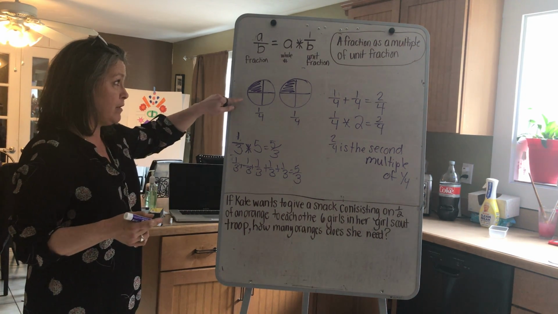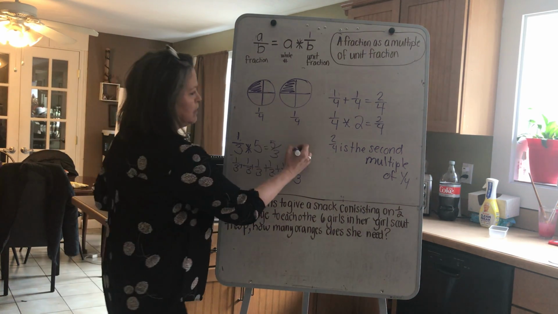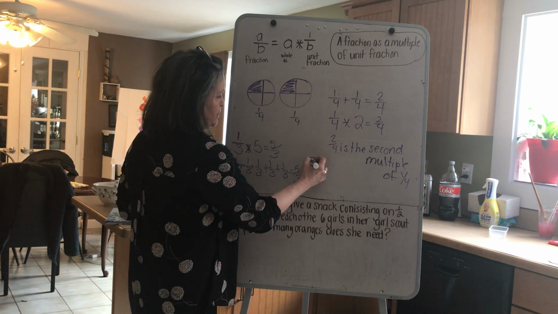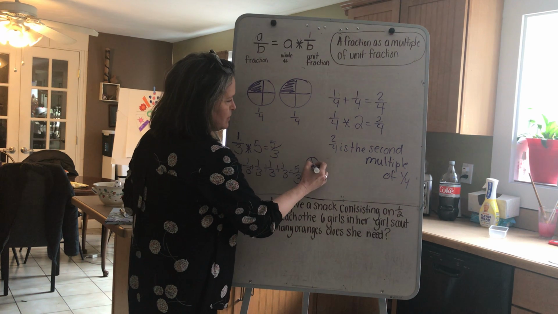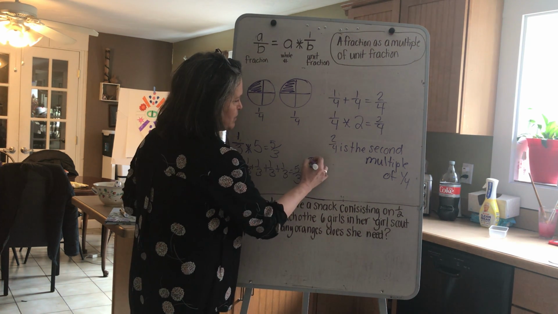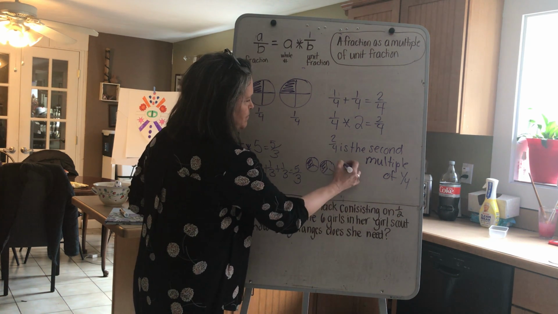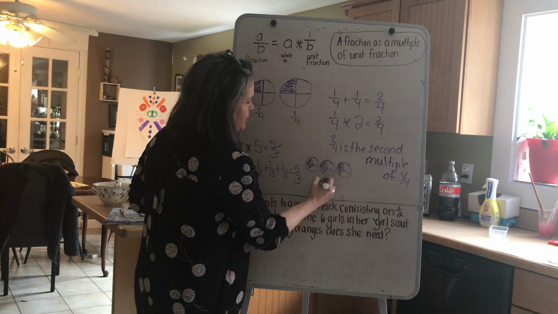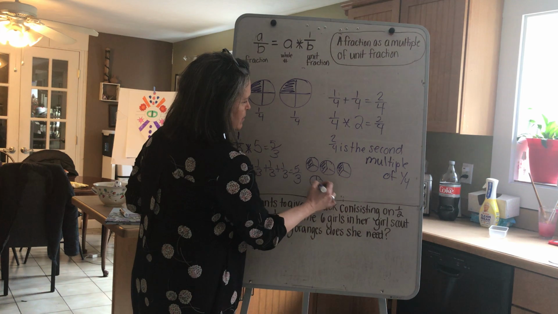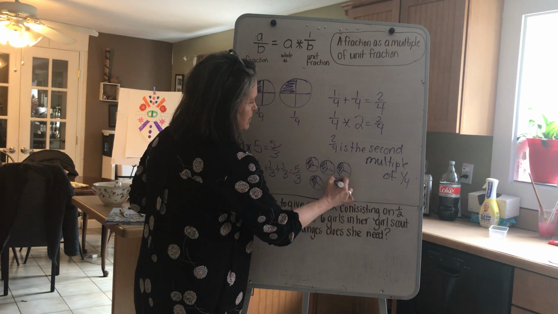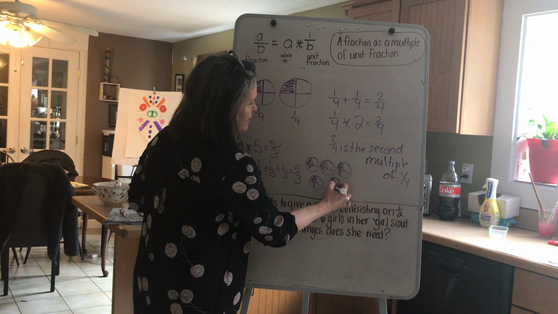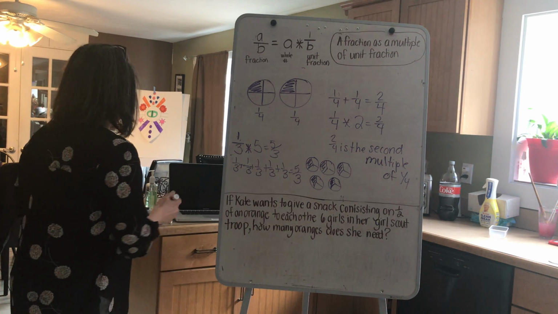I would start with a whole, and I would show this is going to be divided into thirds. So it's kind of like that peace symbol. So there's my 1/3. Here's my next 1/3. 3, 4, sorry, a little messy, and 5. Okay? That's another thing to think of.